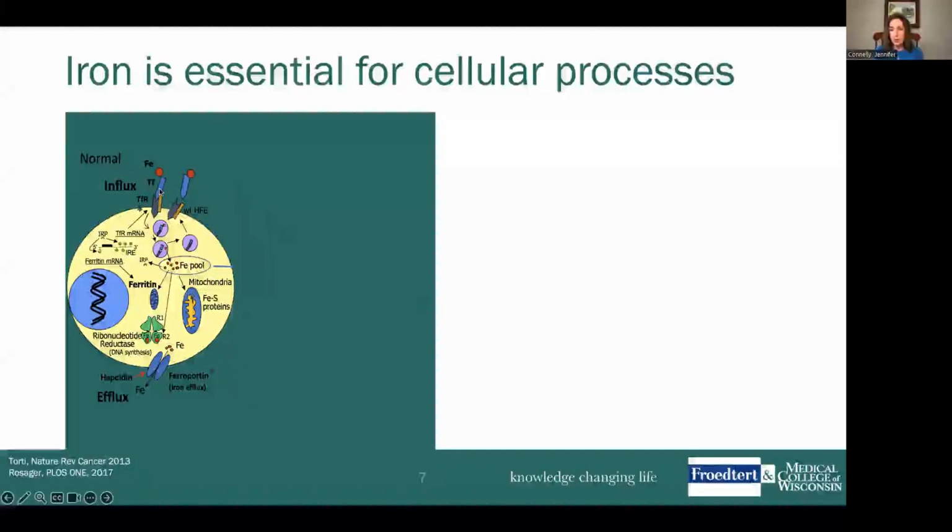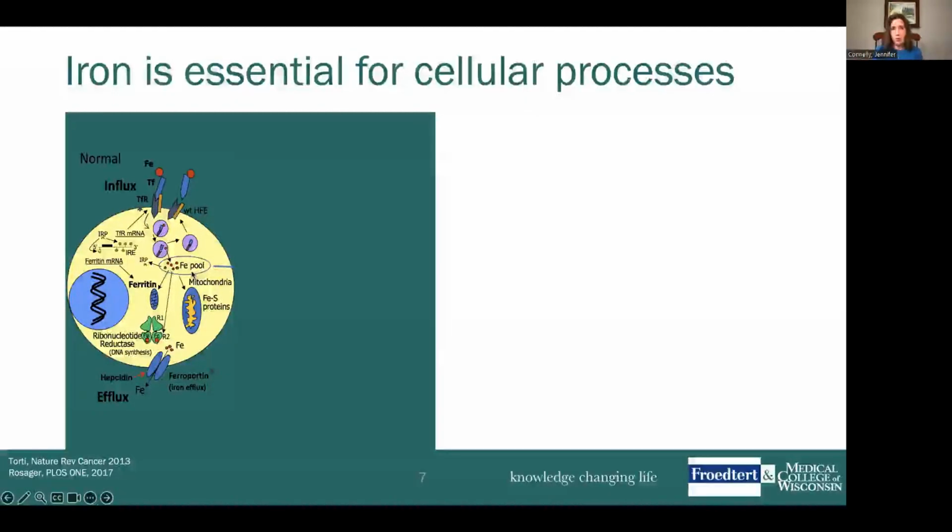Iron is bound to transferrin, and it enters into the cell through transferrin receptors. Now, I'm not going to get into all the details of what happens in the cell. It's important to know that iron is stored in these pools within the cell. Then as the cell needs iron to fuel different cellular processes, it will release it out into these areas.